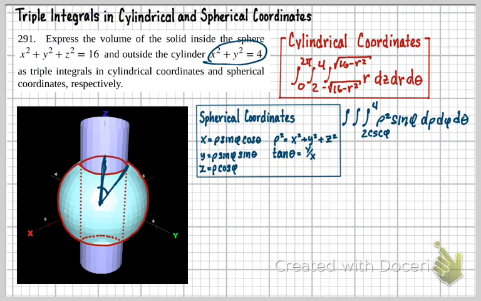I'm going to put 4 there. So that's going to be 4 plus z squared equals 16. So essentially I'm just subbing for those. I'm going to move the 4 over now. So that z squared equals 12. And then when I square root both sides, z is going to equal 2 square root of 3.